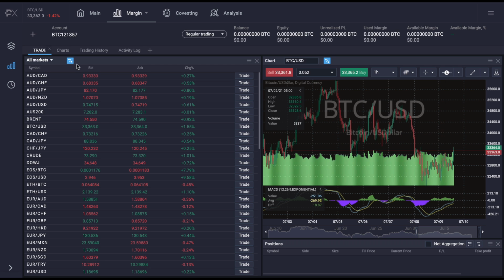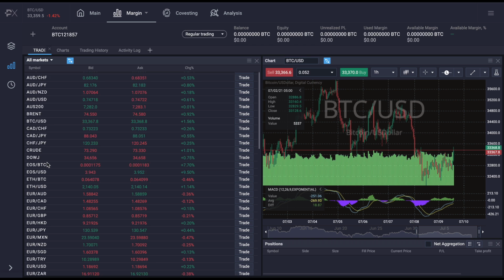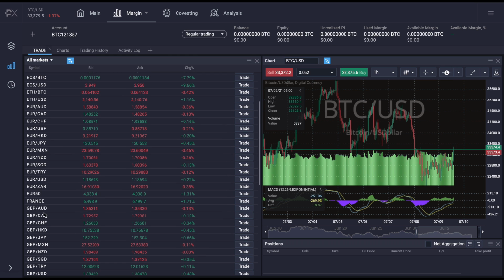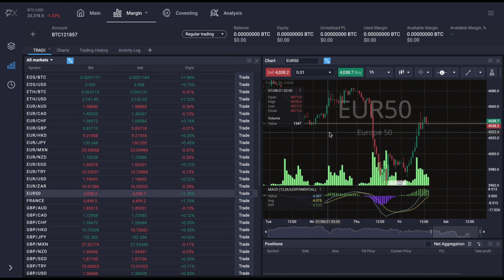And as you can see here, there are a number of different trading pairs. So they do have Forex as well as crypto. They even have the industry categories. So for example, what I mean by that is they have the Dow Jones, they have crude oil, and they have the French stock exchange, as well as the European top 50 stock exchange, as you can see here.